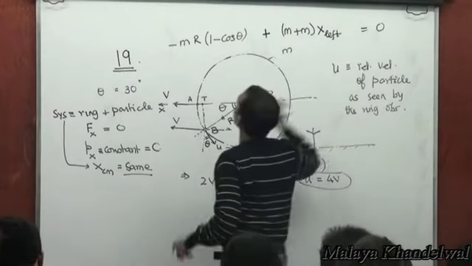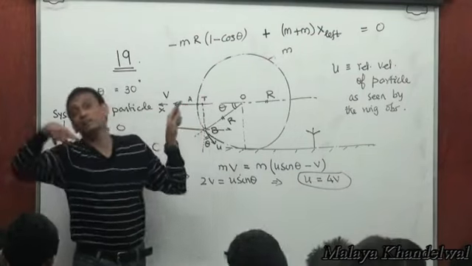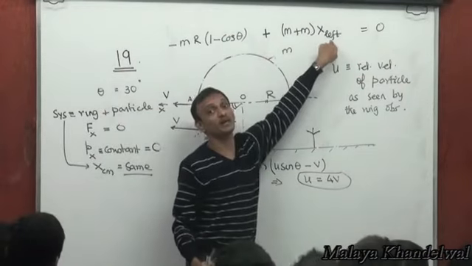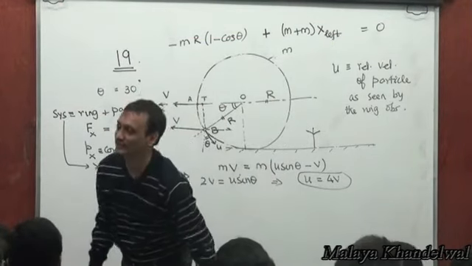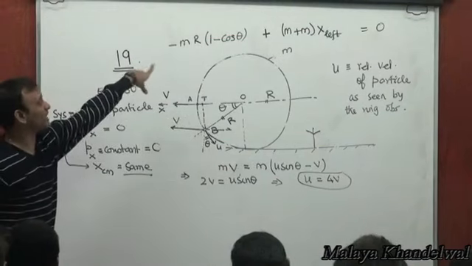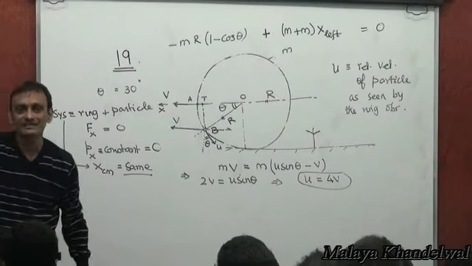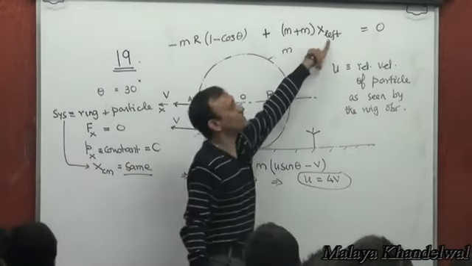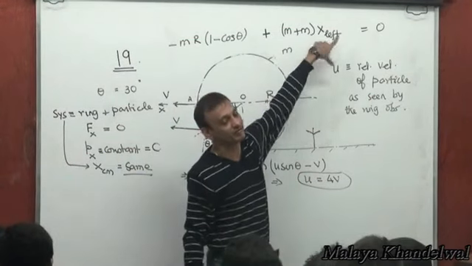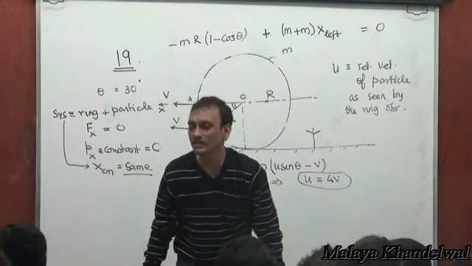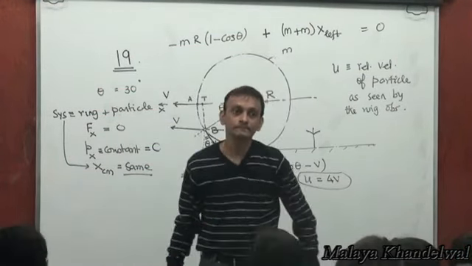This is the change in mixi caused by the ring accommodating and nullifying the change caused by the particle. So the net change in summation mixi must be 0 to preserve the x coordinate of the center of mass. This will give you the distance moved by the ring leftwards. Is that all right? No issues?